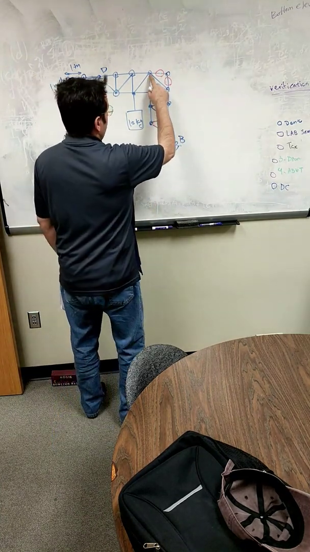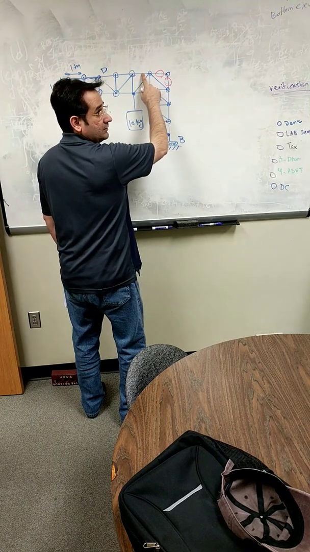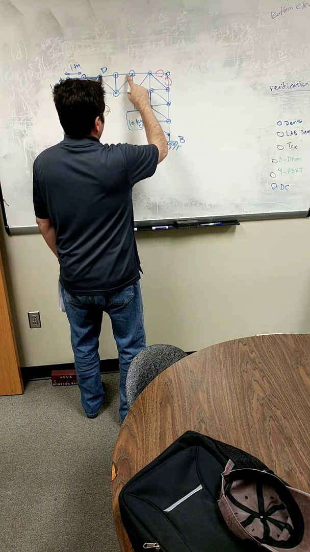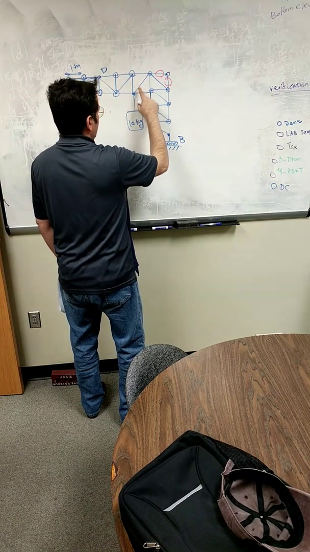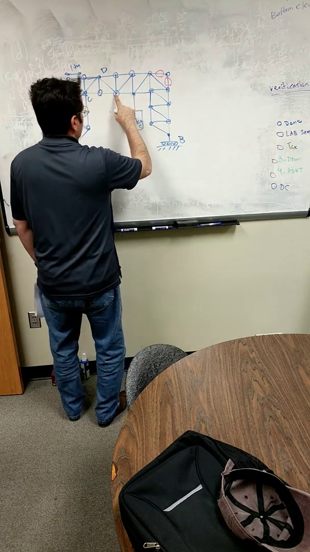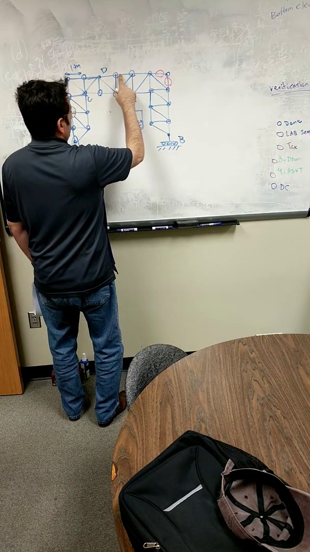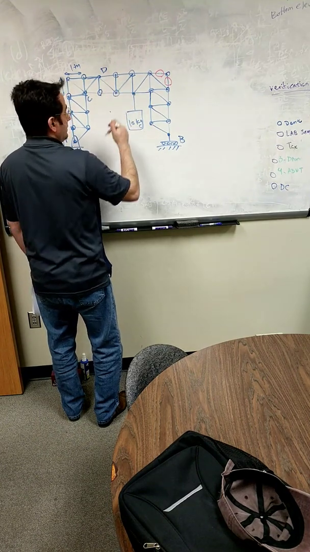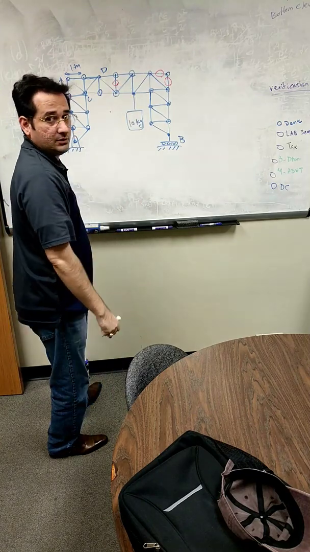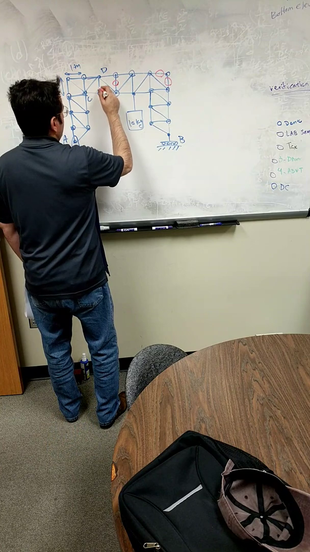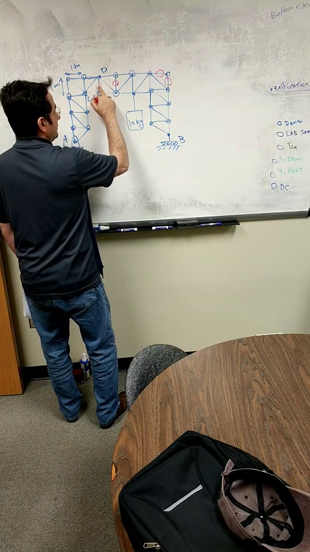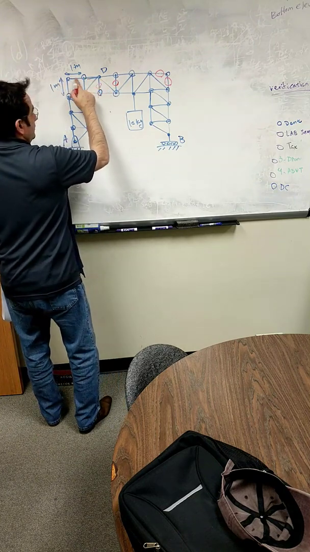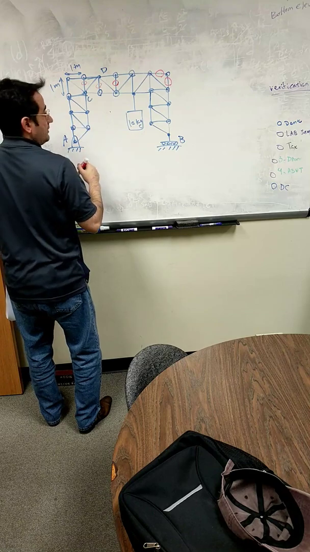Right? Now if you come here again, 1, 2, 3, 4. No zero force member here, no zero force member here. Now here again, 1, 2, 3, 4. No zero force member here. Nothing here. Here, 3 members are connected to a pin. 2 of them are collinear, no external action. So the third one is a zero force member. You come here, the same thing. 2 of them collinear, the third one is zero. No zero force member here. Here, 2 of them collinear, the third one is zero.